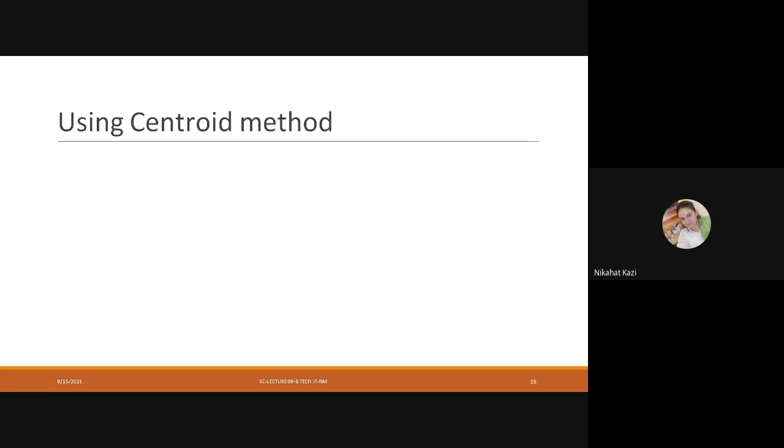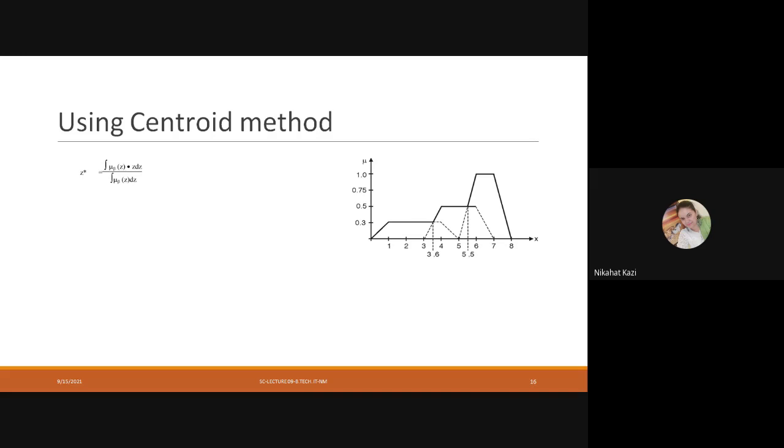Next is centroid. By centroid, you have to find the equations of each line and integrate it, so there's an integration in the denominator and the numerator as well. These integrations are divided by another integral term. It is a very complex computation.